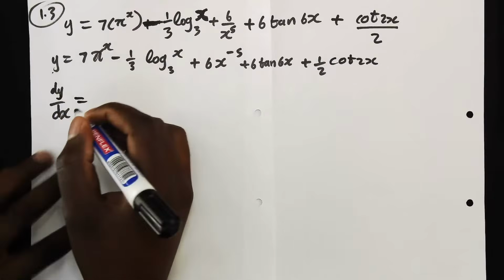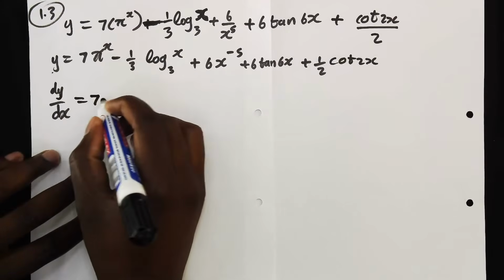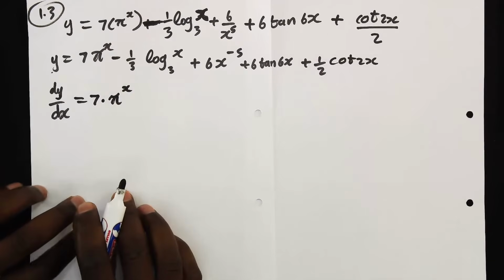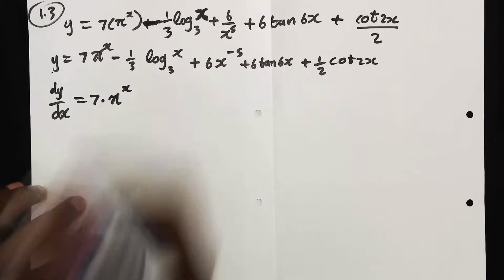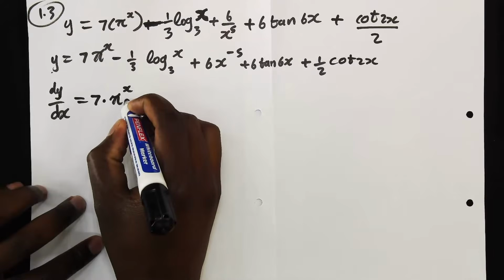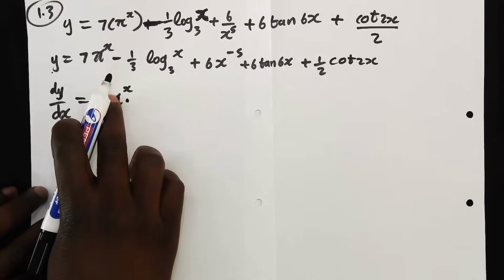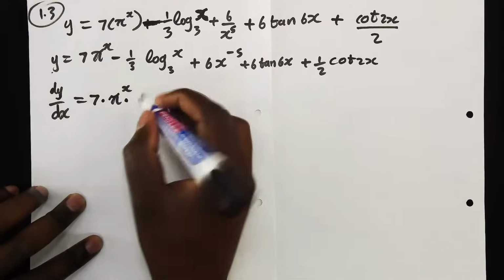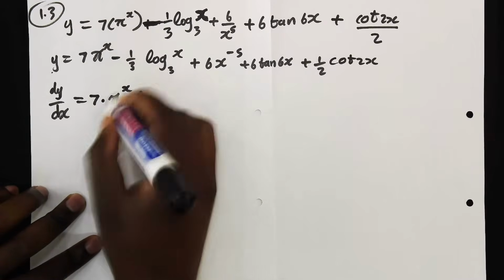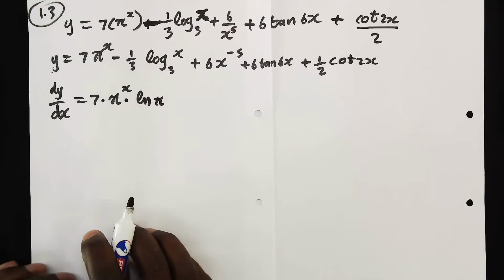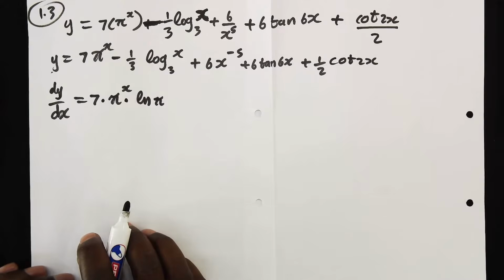So the 7 pi exponential appears exponential as it is, isn't it? Then we must multiply, and the derivative will multiply by the derivative of the exponent. The derivative of x is 1. Then we must multiply by ln of the base, ln pi, the function that is carrying 7.